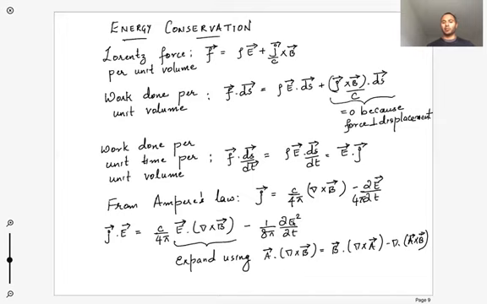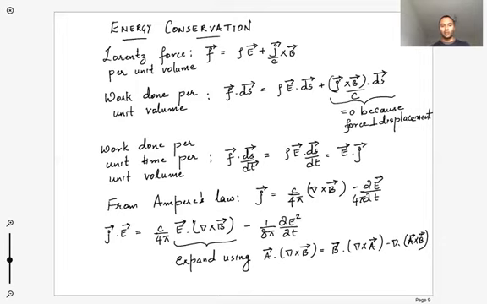So I'm just going to write this as E here. This is just the square of the amplitude. And so when I take that inside the derivative, this derivative is equal to 2 times E times dE by dt. So to account for that factor of 2, I've put 8 pi here instead of 4 pi. So the extra factor of 2 comes from differentiating E square.